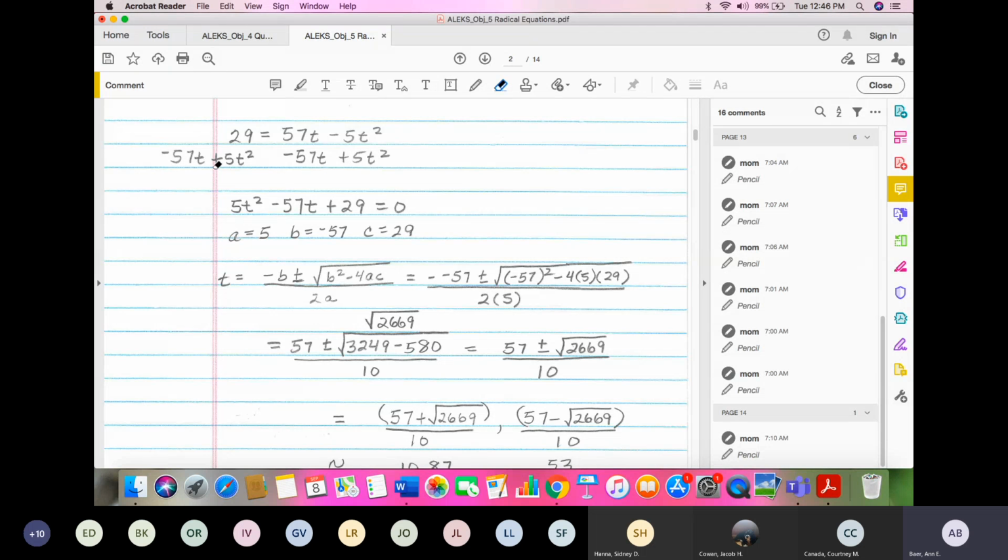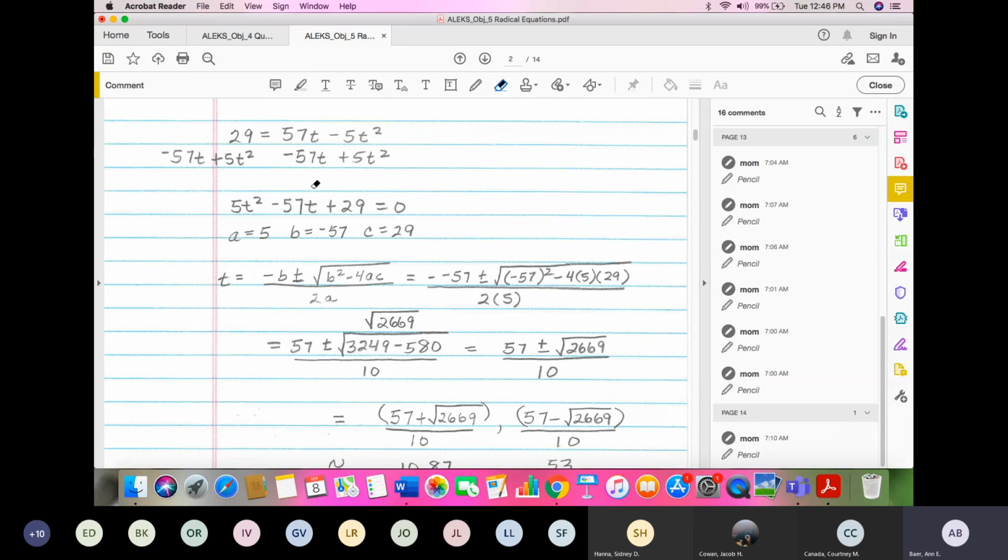And what do we get? We want to write in descending power order so we get our a, b, and c identified correctly. So we want to write the term with the largest exponent first. So we want to write this 5t squared first. And then we want to write the term with the t second.